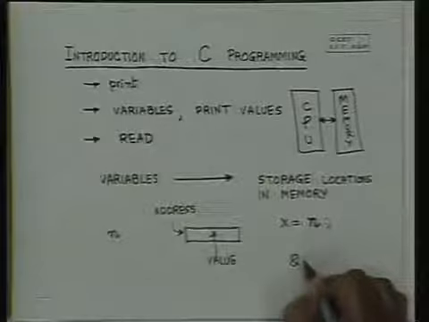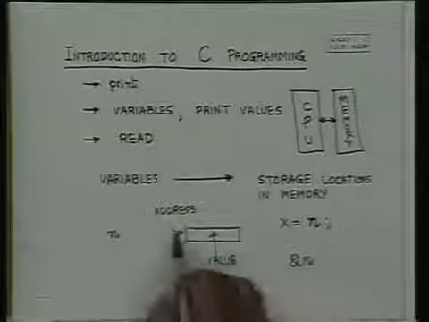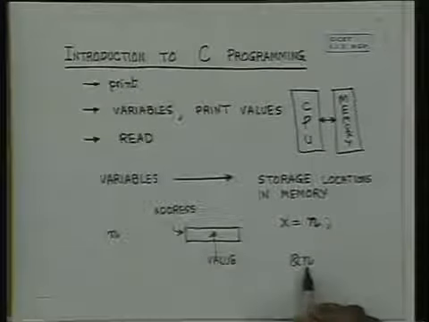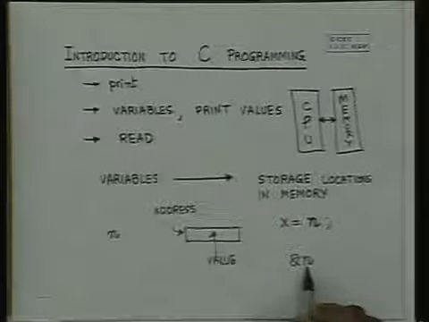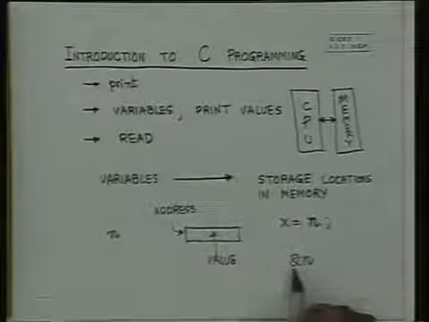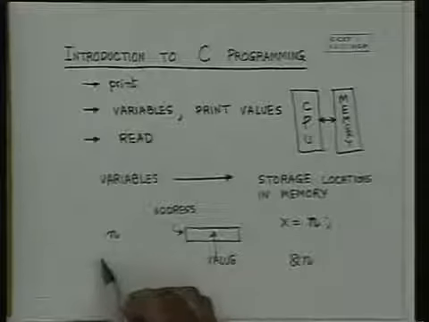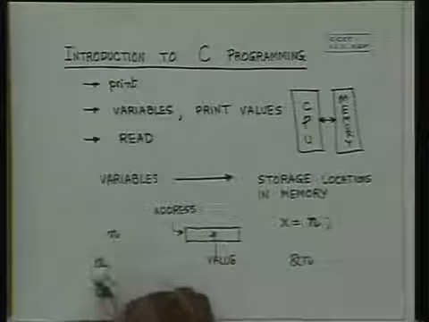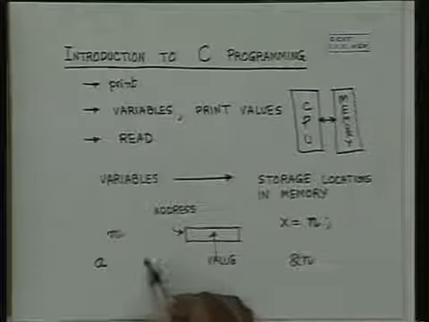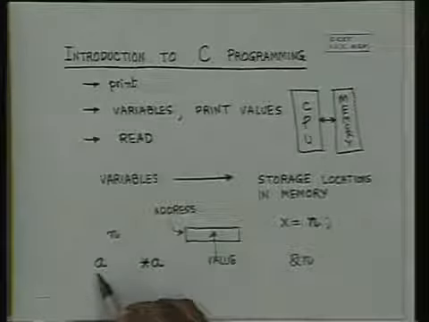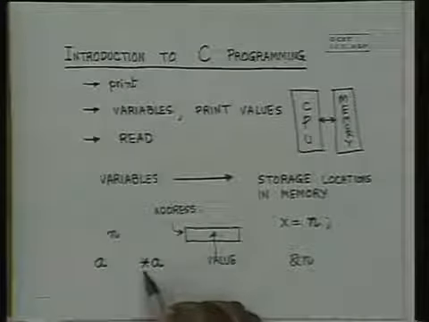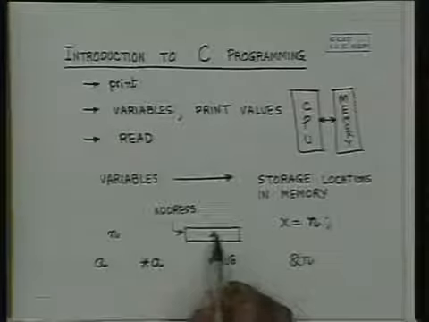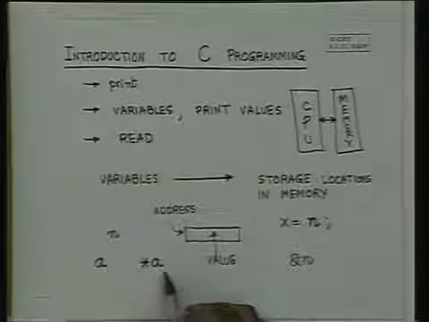Whenever we write AND n, we mean the address location of the variable n. And suppose somebody passes an address location a to you, and if you want to know the value at this address location, you write star a. So if a is an address location, if you want to find out the content or the value of that address, you write star a.